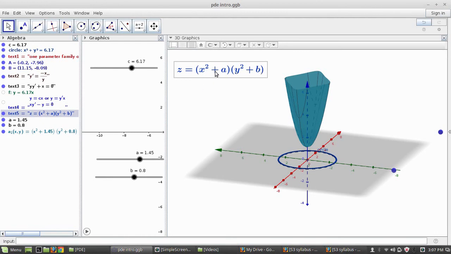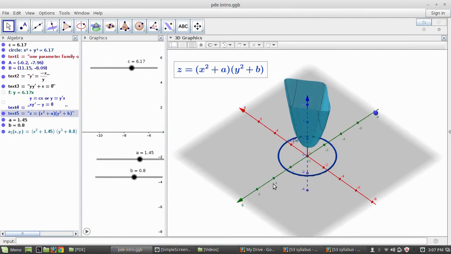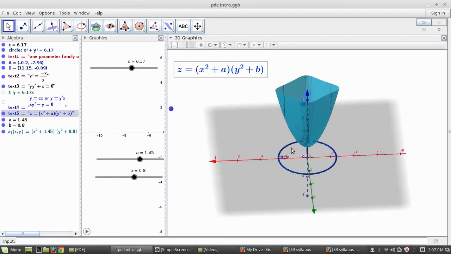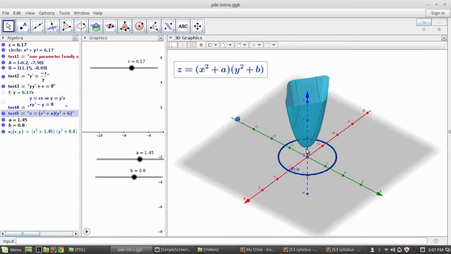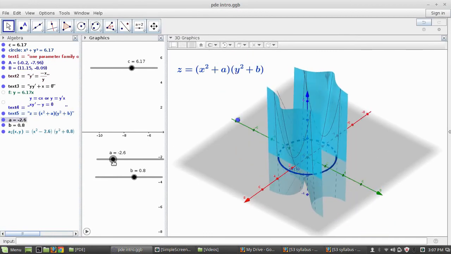And depending on the values of this parameter, we can see that the surface changes. So this is a graph of (x square plus a) into (y square plus b) for the value of a is equal to 1.45 and b is equal to 0.48. See, as the parameter changes, suppose we are changing one parameter, then we can see that the surface takes different shapes.